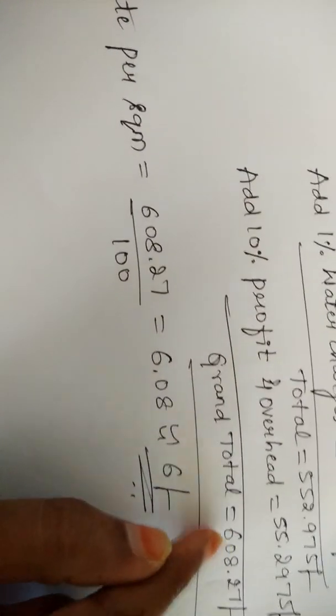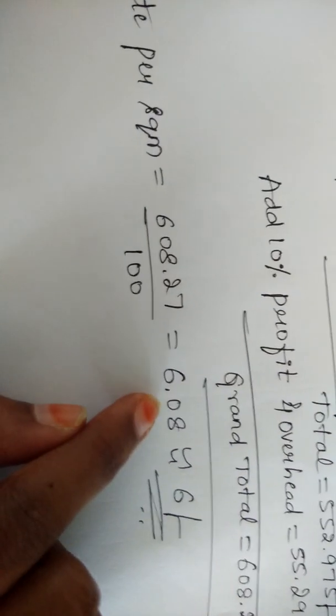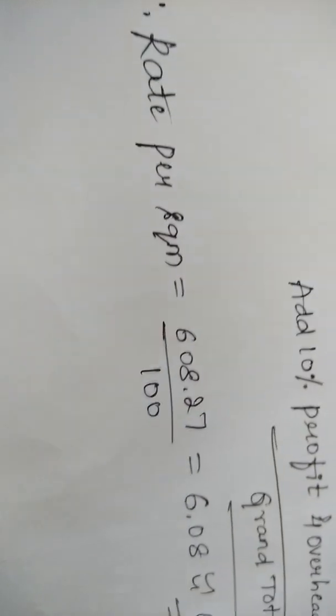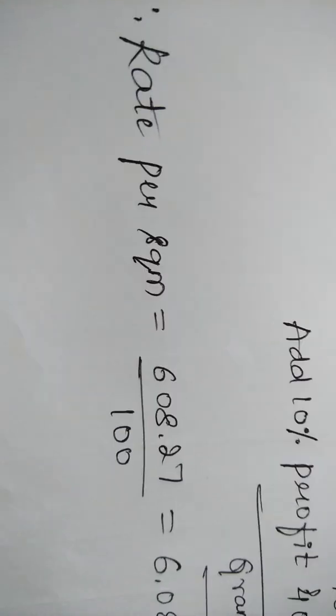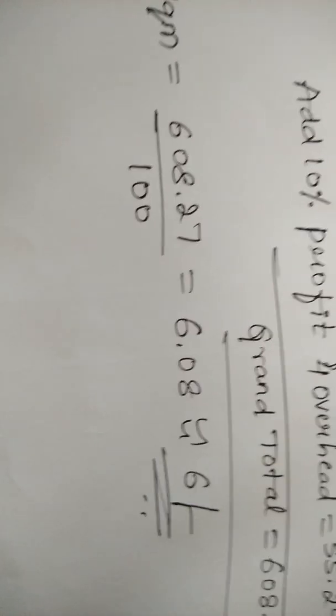For finding that, we have to divide the grand total value by 100. By doing this, we will get a value of 6.08, approximately 6 rupees. That means if we want to apply the whitewash of one coat for an area of 1 meter square, it hardly costs 6 rupees.